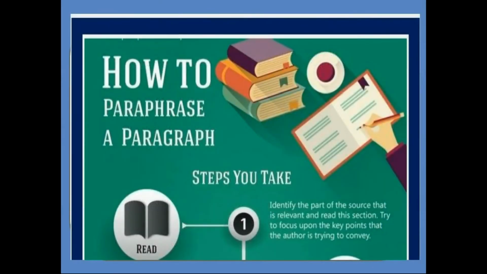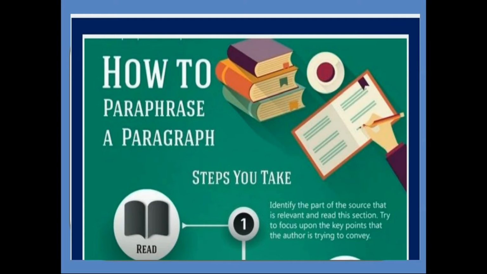Now, in writing a paraphrase, we have to remember 6 simple steps to be followed. Paraphrasing means formulating someone else's ideas in your own words without changing the meaning of the original text. The first step in paraphrasing is identify the part of the source that is relevant and read this section.